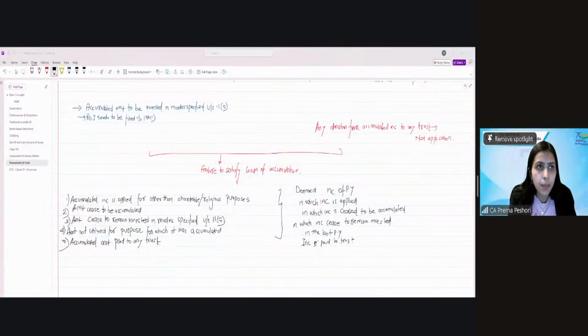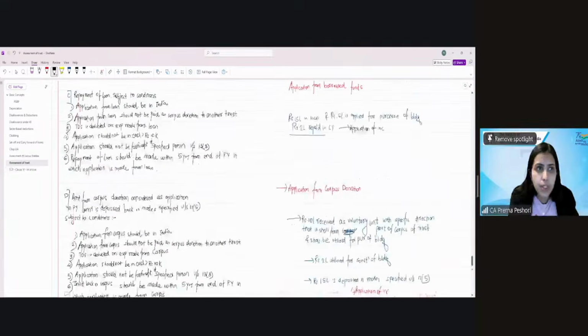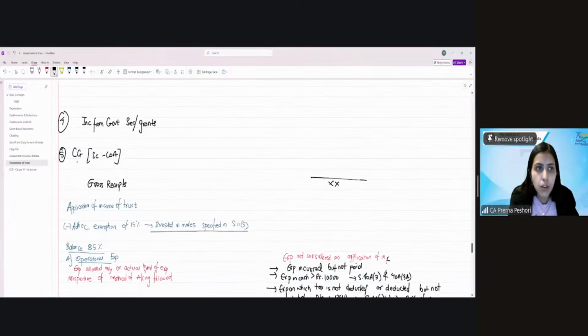The application? Yes? Any doubt, any questions? Fine? Clear. Okay. So now what I want you to understand is the application in respect of the capital gain. If you recollect, in the last class I had told you that there can be income by way of capital gain.